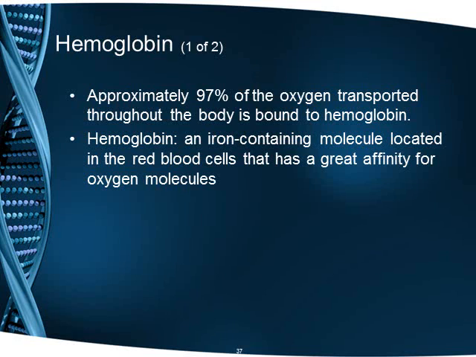Now, why is blood red? Well, I can hear the crickets chirping tonight. All right, let me ask you this question. If you take a piece of iron and you leave it outside, what's going to happen to it?